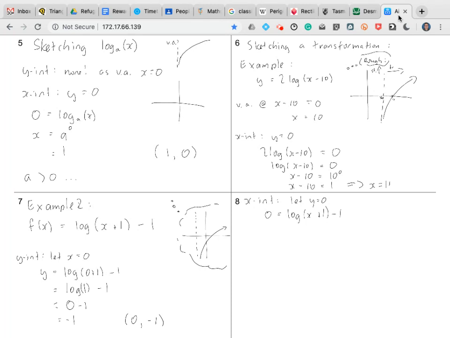Add 1 to both sides. Use my log understanding: 10 to the power of 1 equals x plus 1, and therefore x equals 9. That was nice and tidy. I didn't mean it to be so tidy, but I'm pleased with it.